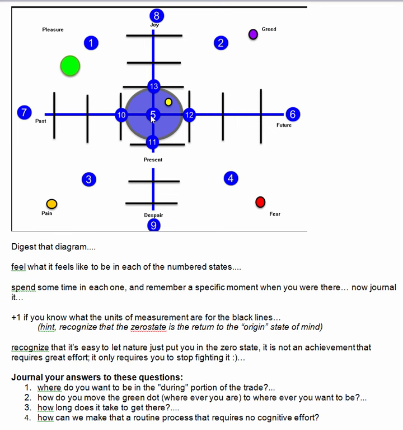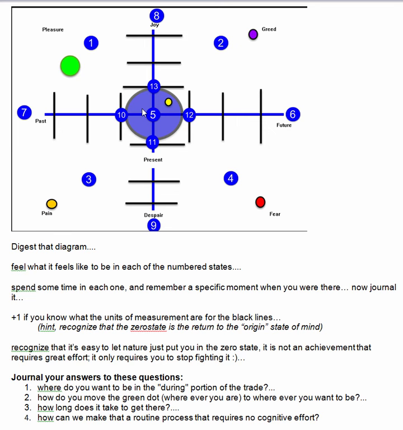Now there's an ideal state in there somewhere, but I don't have to be perfectly mindful to be an effective trader. And so I've marked off some arbitrary boundaries and decided that as long as I'm within the shaded blue area, marked off by 10, 11, 12, and 13 on each of those axes, that as long as I'm not exceeding one of those dimensions, then I am centered enough.